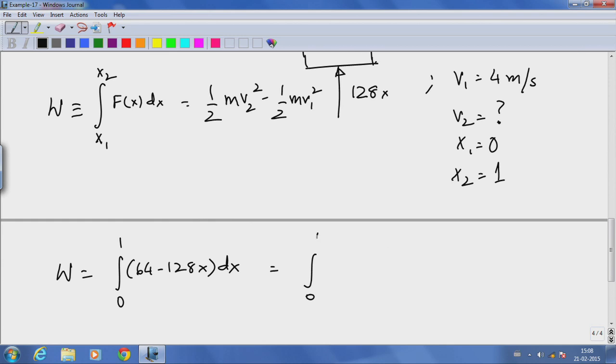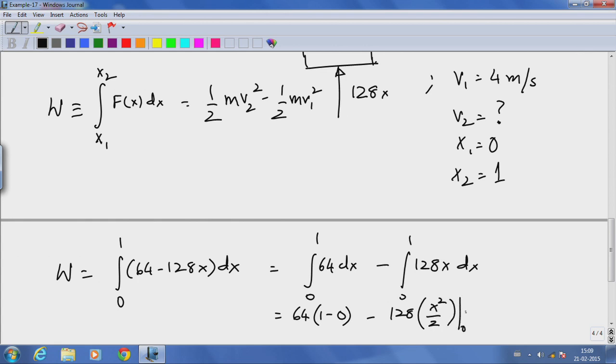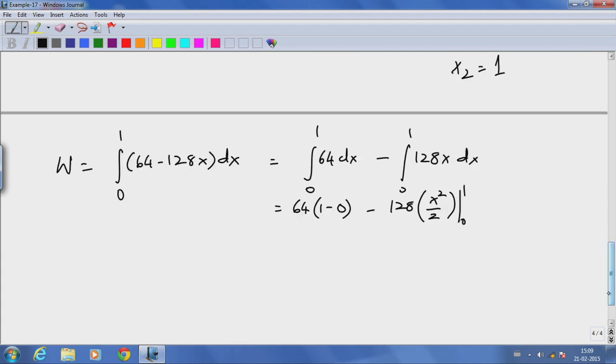This is integral 0 to 1 of 64 dx minus integral 0 to 1 of 128 x dx. This is simply 64 times 1 minus 0, minus 128 times x squared over 2 evaluated in the limits 0 to 1.